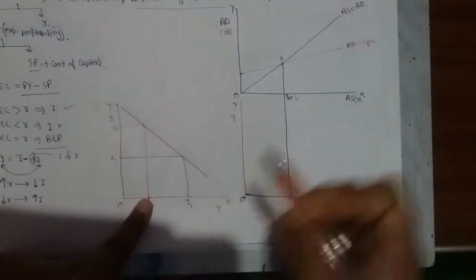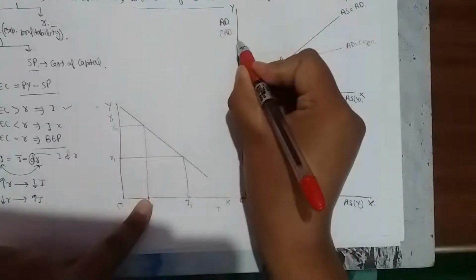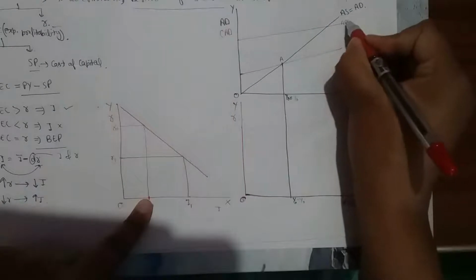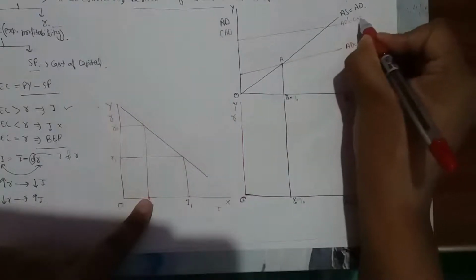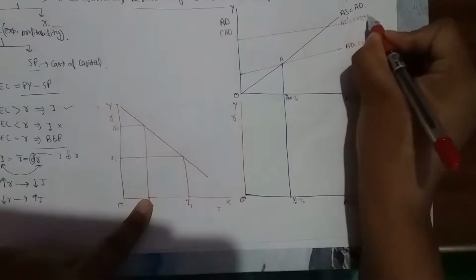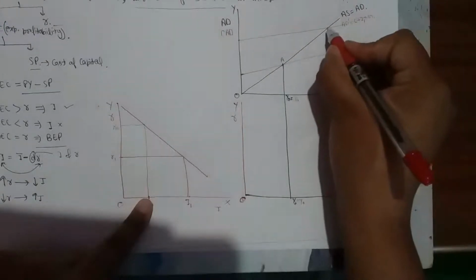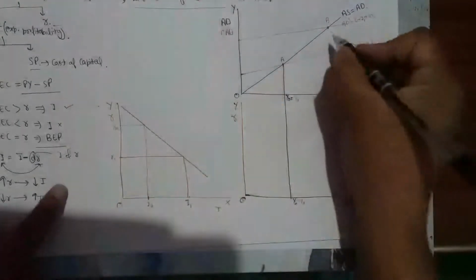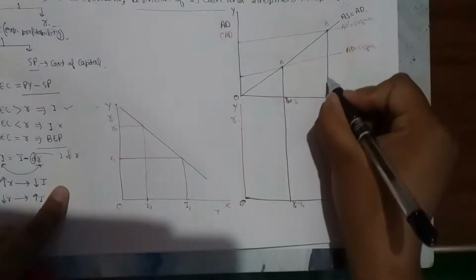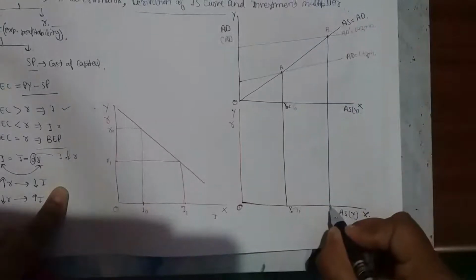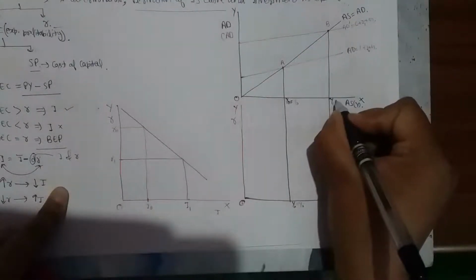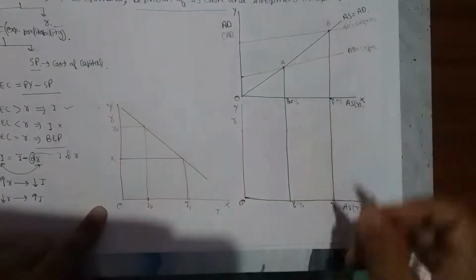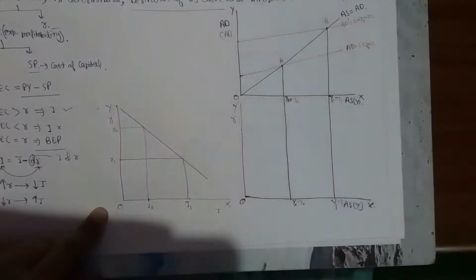This much. Aggregate demand is consumption plus investment 1 plus government expenditure. This is point B. At this point, the level of income is Y1, right?